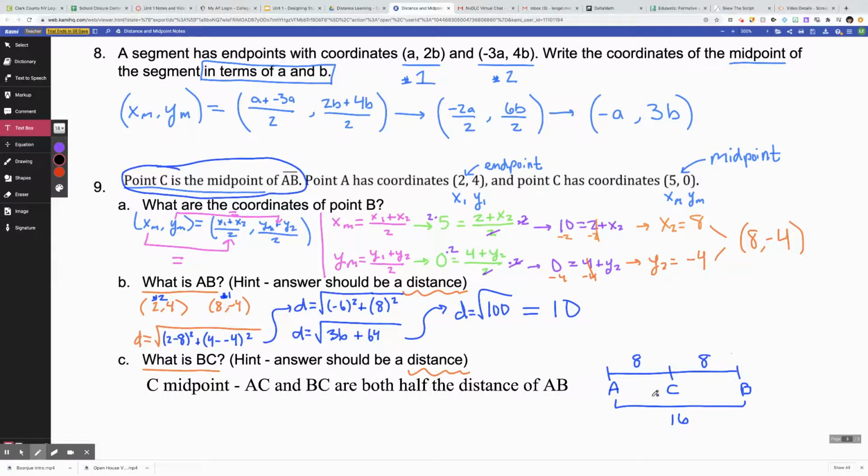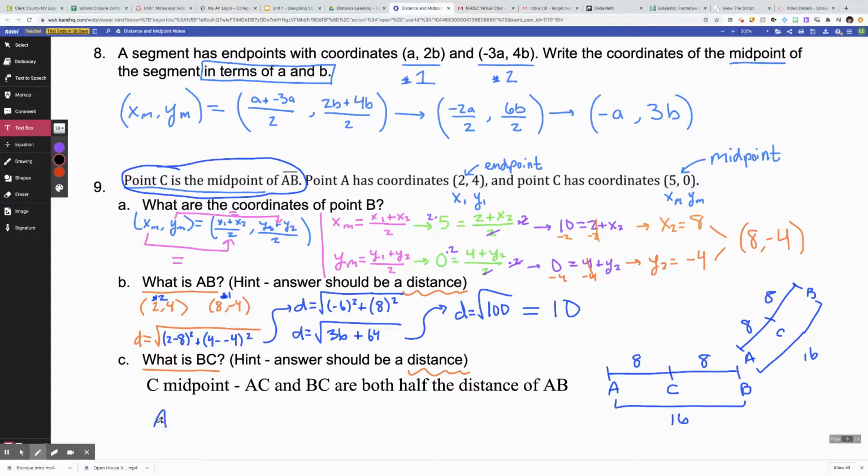Because it's half. This idea for distance applies whether or not the line segment is straight horizontal like this, if it's vertical, if it's slanted, it doesn't matter, right? I could draw the same line segment slanted like this. So here's A, B, like on a coordinate grid, and here's C. If you know that this slanted distance is 16, that means these two individual slanted distances are both 8, no matter what, right?